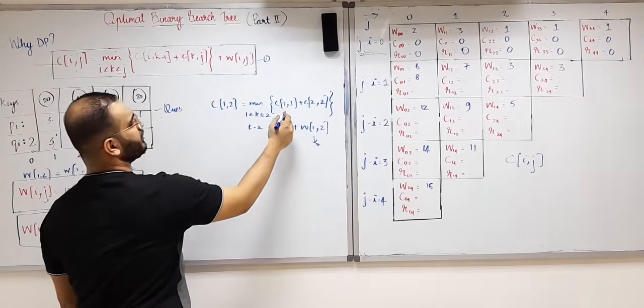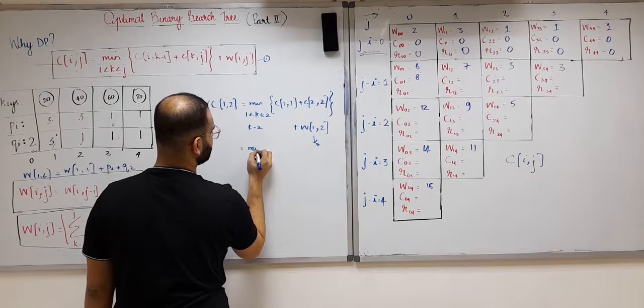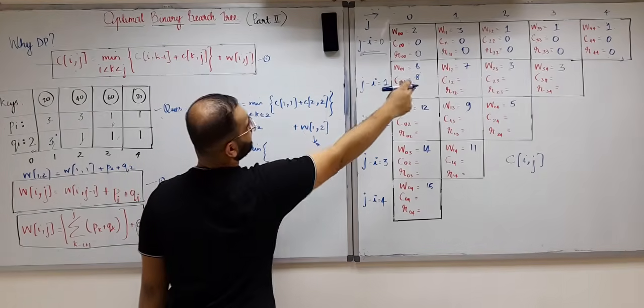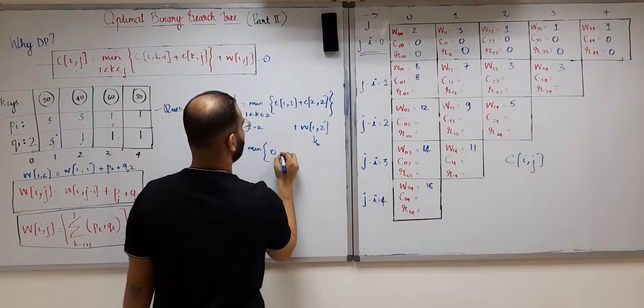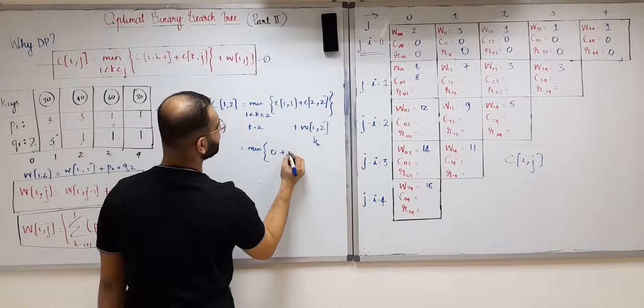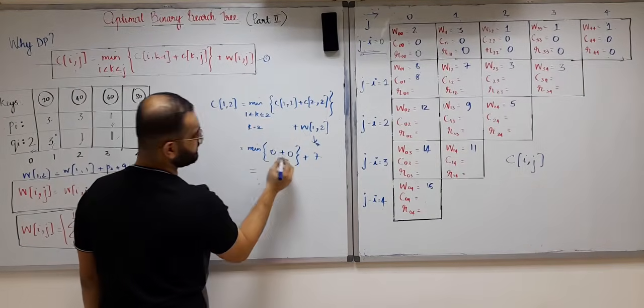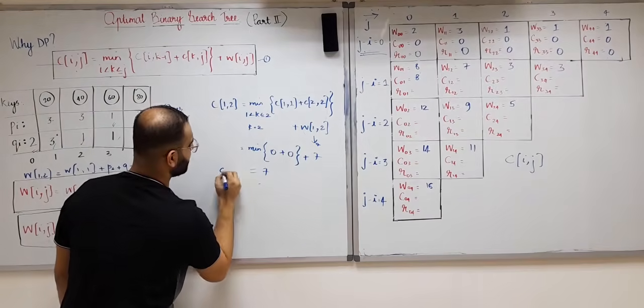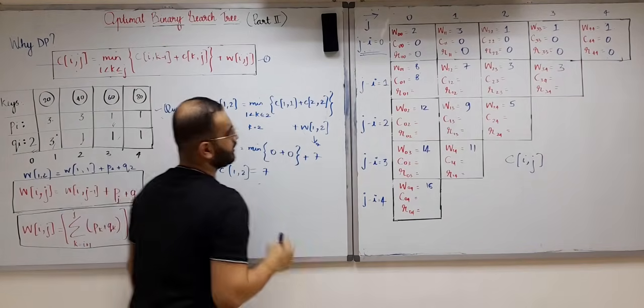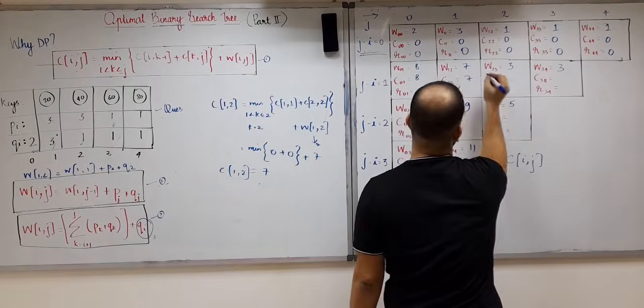And what is C of 1 comma 1? So if we write it, minimum of C of 1 comma 1 is actually equal to 0, and plus C of 2 comma 2, again 0, plus 7. So this value is actually minimum of 0 plus 7. So this is C 1 comma 2 is 7. Okay, so the C 1 comma 2 is 7.